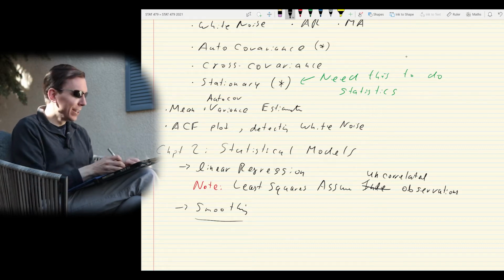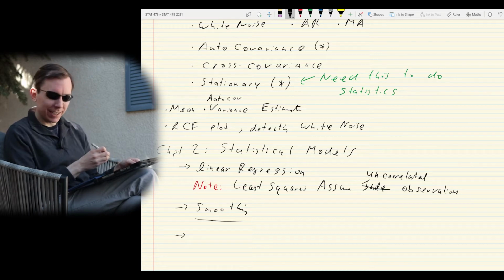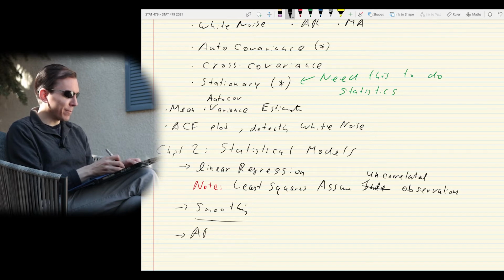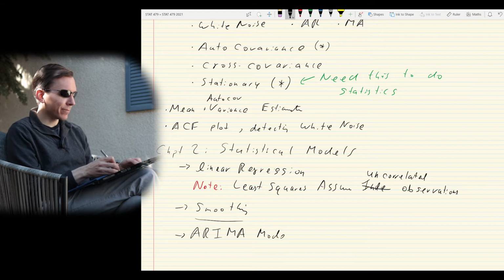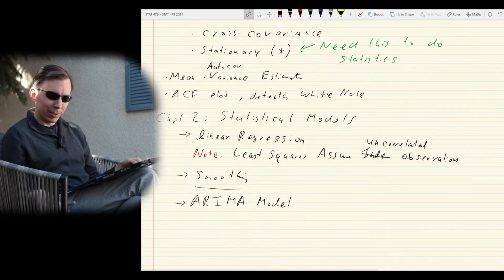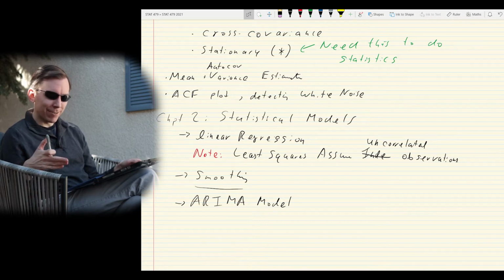Anyway, after that, we moved into discussing the ARIMA model, which we've spent most of our course talking about. So the ARIMA model, the autoregressive integrated moving average model. Well, in this section, what we did is we talked about the autoregressive piece. We talked about the moving average piece.